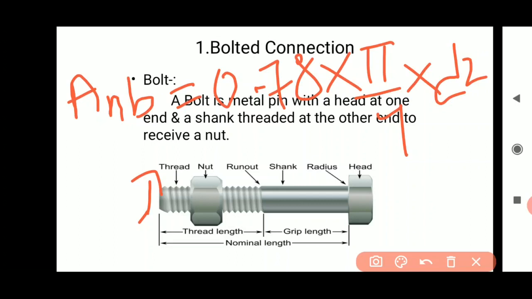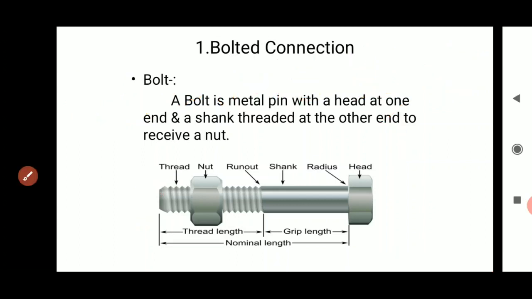The shank area will be pi by 4 into d square, and the net area of the bolt is 0.78 into pi by 4 into d square.